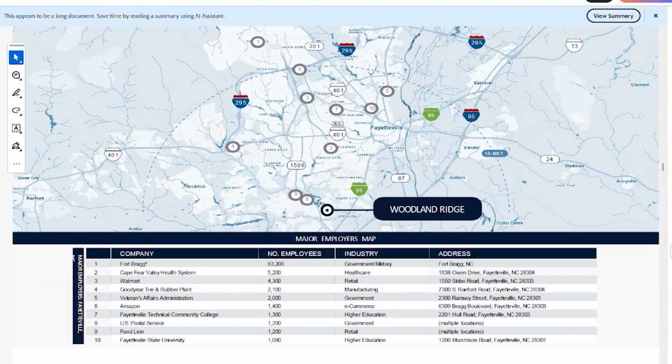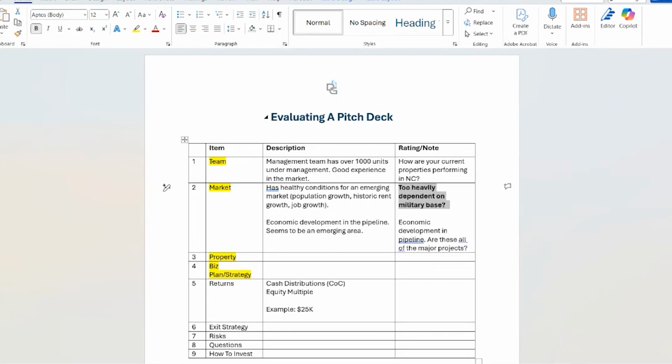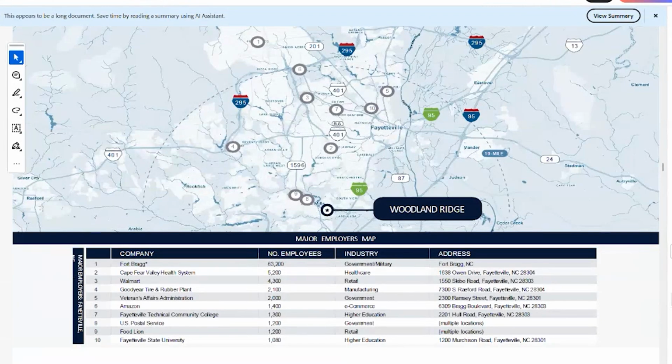So we need to understand all the risks related to the government and military base over the next 5 years and how that could impact our tenants, since we are so heavily weighted in one area. So again, this is a red flag, I would say. Not a deal breaker, but just something to ask about and understand.